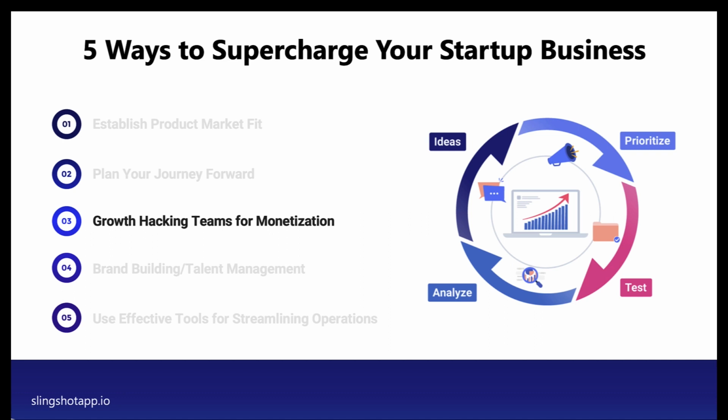We have a really super useful white paper on our website that will take you through the growth hacking process step-by-step, even the pre-process of creating your teams and why your team is so important, and some suggestions for running growth hacking meetings. We'll also include that in the follow-up. And when I get into the demo, I'm going to use a growth hacking example to help show off Slingshot too.